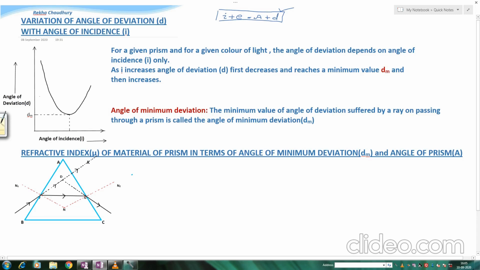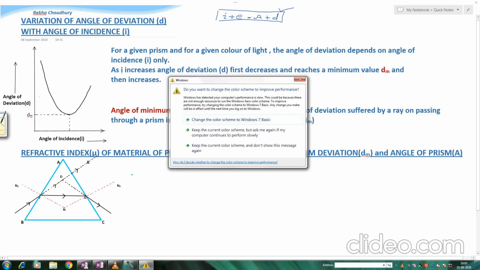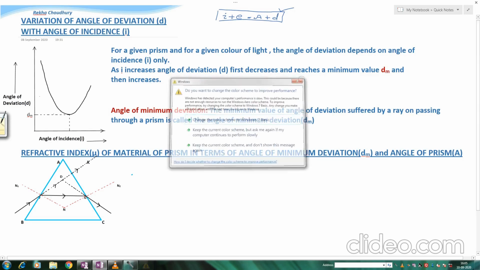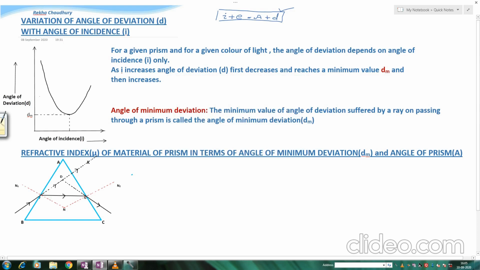Now, for a given prism and for a given wavelength of light, the angle of deviation depends on the angle of incidence only. And this first diagram is a graph between the angle of deviation and angle of incidence. So with increasing angle of incidence, this is the variation of the angle of deviation.